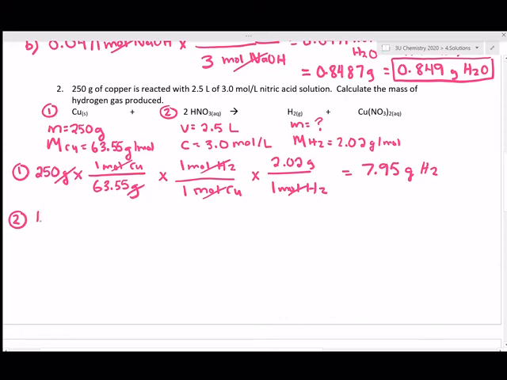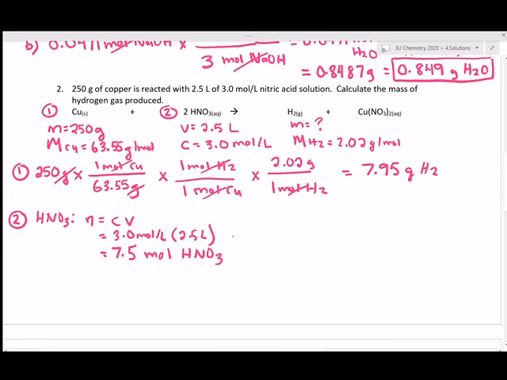Okay, so for HNO3, we have a volume and a concentration. So we can figure out the moles. So we've got 3 moles per liter times 2.5 liters. And that is going to give us 7.5 moles of nitric acid.